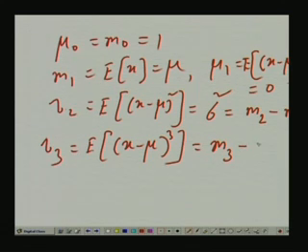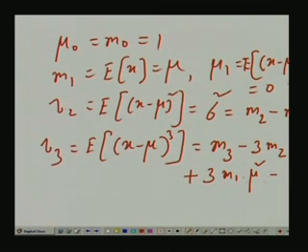So, minus 3 m 2 mu plus 3 m 1, m 1 and mu are same, so you get mu square, minus mu cube, and this is nothing but thrice mu cube, because m 1 is equal to mu. So, 3 mu cube minus mu cube, which essentially leads to this thing.